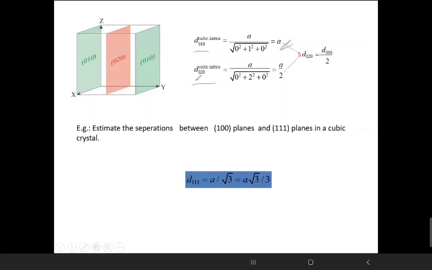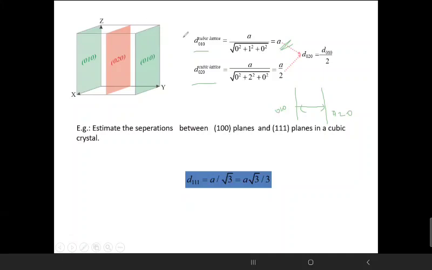Similarly, for 0, 2, 0: a over the square root of 0 squared plus 2 squared plus 0 squared, so a over the square root of 0 plus 4 plus 0, so a by 2. This is the 010 plane, and this is the 020 plane. If you want to find the distance between these two planes, you have to subtract d010 minus d020.